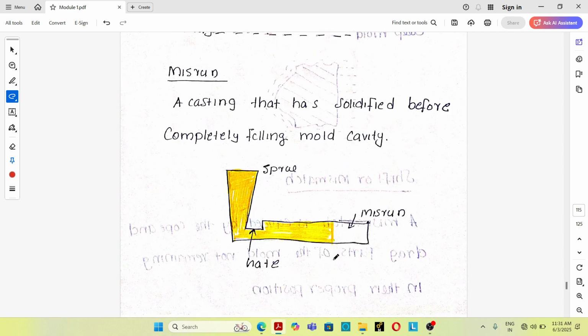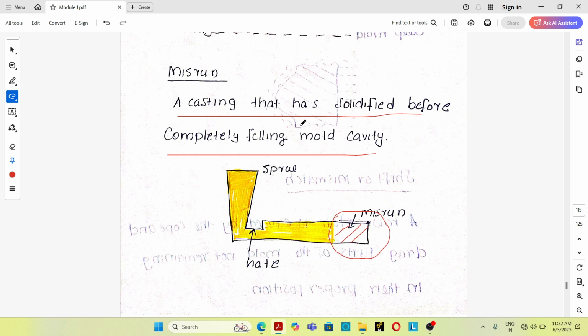So next one is misrun. See, misrun means some portion of the cavity is not filled with molten material. You can see this portion is a vacant portion. There is no molten material filling it. The reason is that the casting has solidified before completely filling the mold cavity.